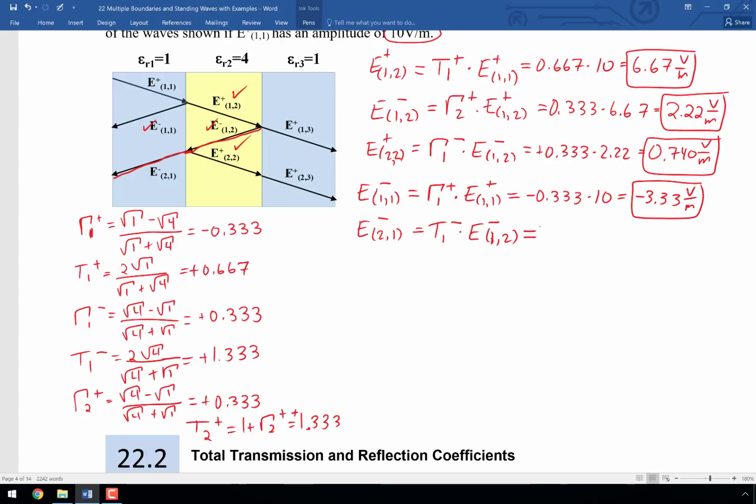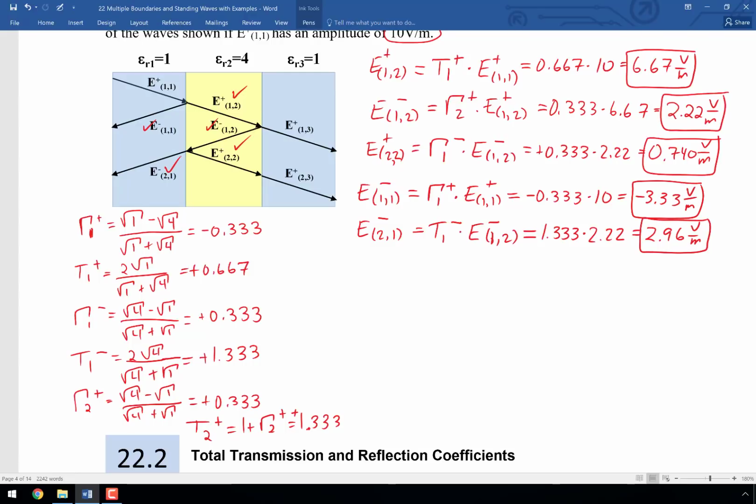So T sub 1 minus was 1.333 times E sub 1, 2 minus was 2.22. And so when I multiply those together, I get 2.96 volts per meter. And then that takes care of this wave right here.